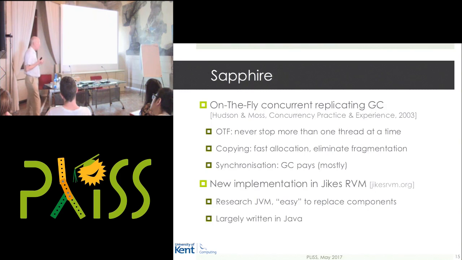And the question is, who pays for that synchronization cost? Should it be the user program? Should it be the collector? Should it be a bit of both? In general, you don't want to make the user program pay because that slows everything down, and it slows it down a lot. So the way Sapphire works is that the GC pays most of the cost of synchronization.